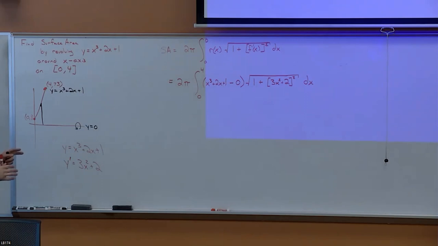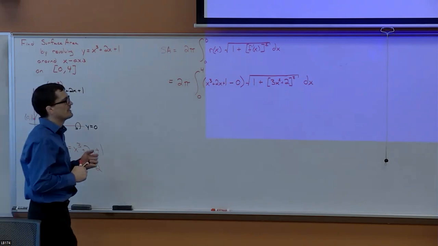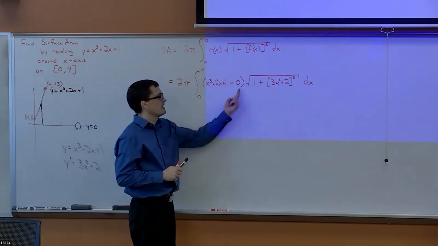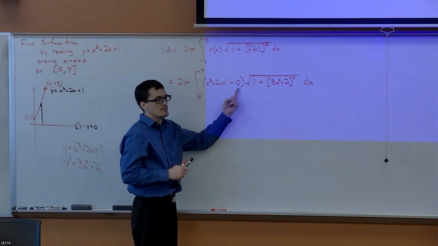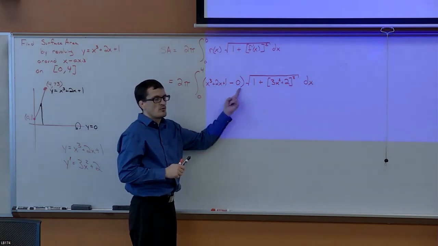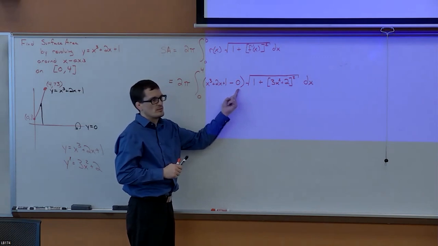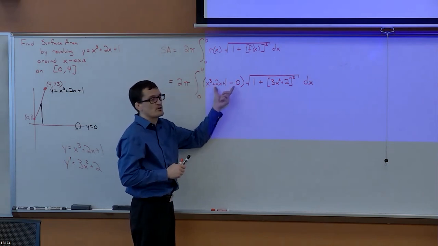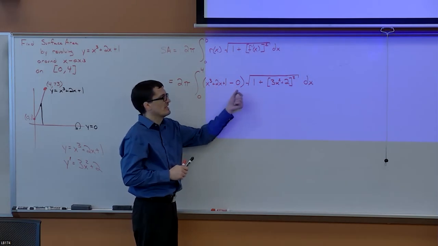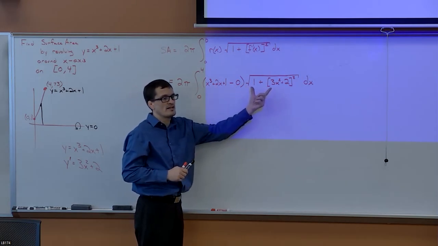Be careful when you type this in, because a lot of people, if they forget these parentheses, throw their answer off. Because this entire r of x needs to be multiplied times the entire square root.